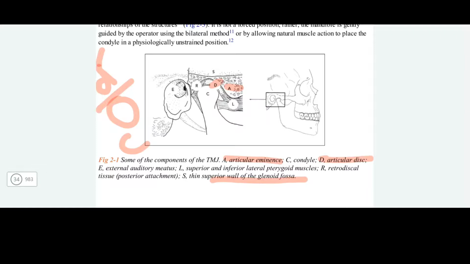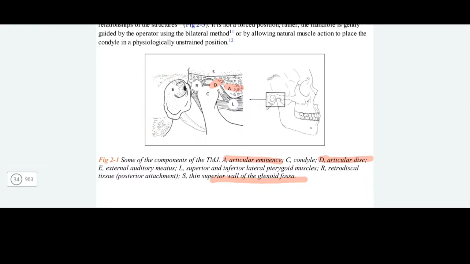That is a disease, because the condyle will move without the articular disc, and there is a lot of pain. That is a disease and should be treated. We explain it again. In the normal position, the condyle should be interposed with the articular disc. When the condyle moves, the articular disc should move.